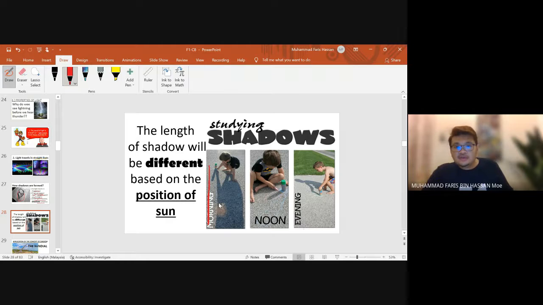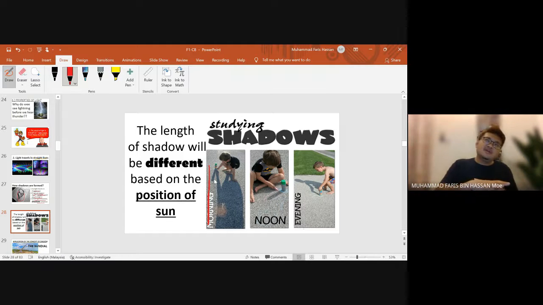In the early morning, the length of the shadow will be quite long compared to when we are reaching noon. So let's say at 8 in the morning, our shadow is very long.